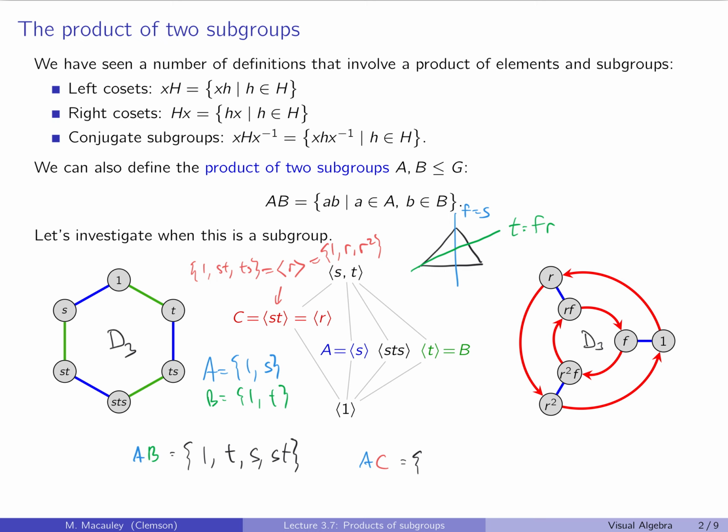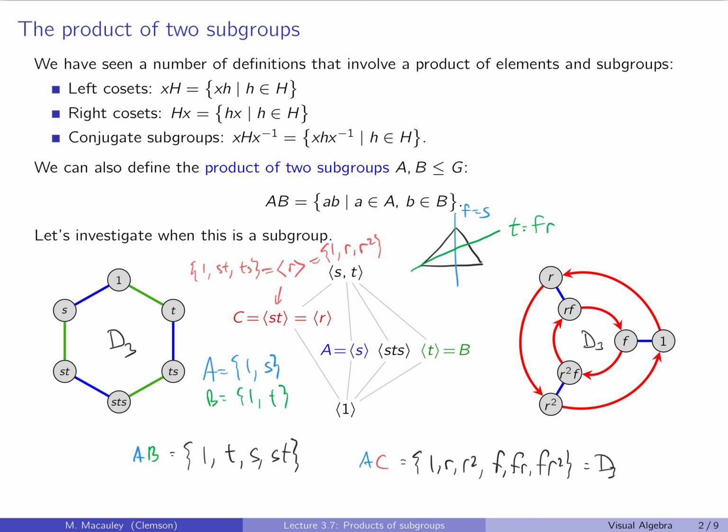So right away we get all 3 rotations, 1, R and R squared. And then we have S times 1, which we can think of as F. So F times 1, F times R, and F times R squared. We see right away F, FR, and FR squared, that we actually do get all of D3. So AC is the entire group, definitely a subgroup, whereas AB is not a subgroup, it's just a set of 4 elements.